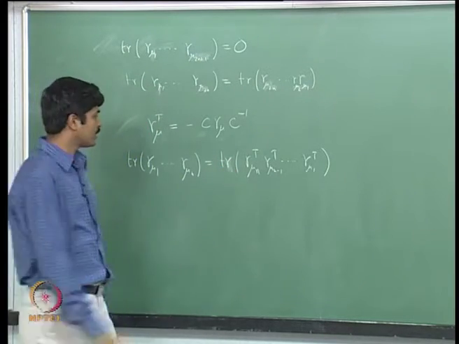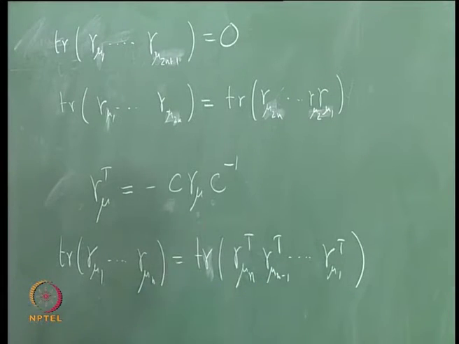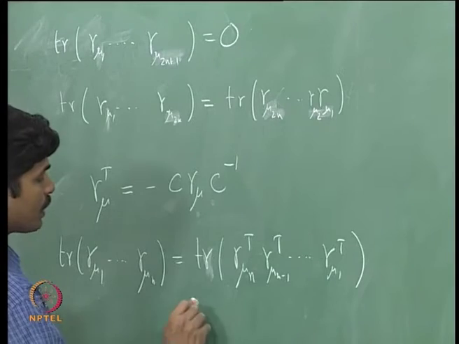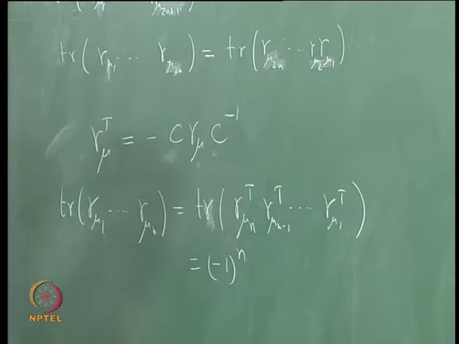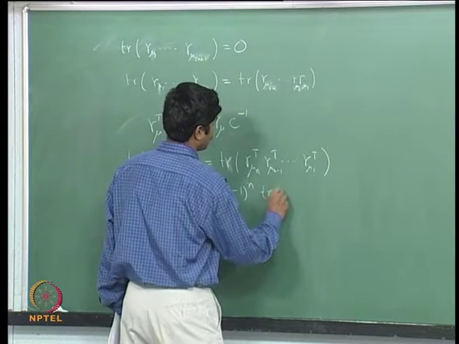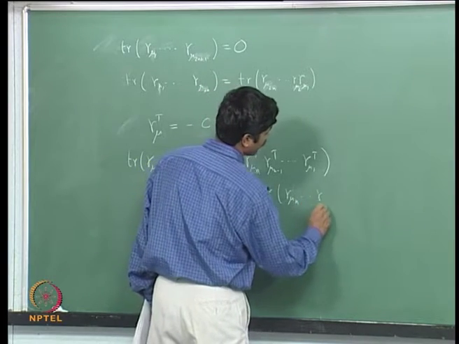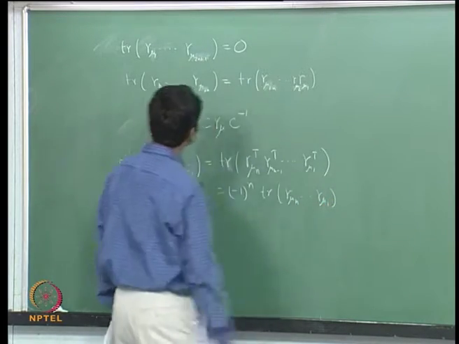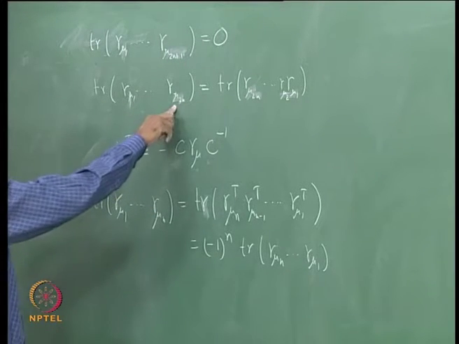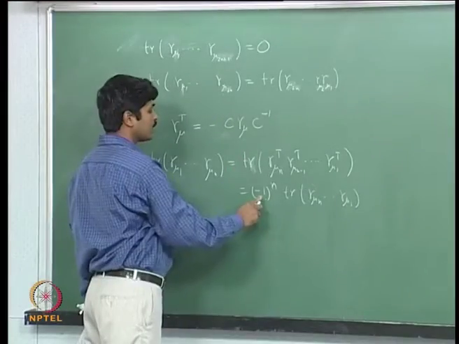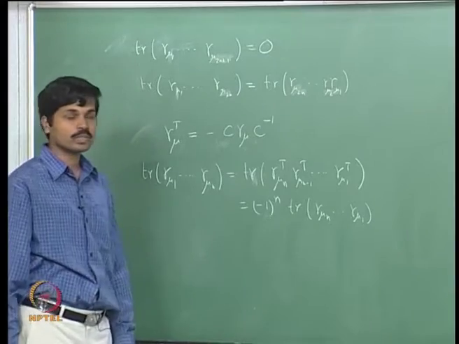Now, I will use again this relation, and then I will use the cyclic property of trace. Then this simply implies that this is equal to minus 1 to the power n trace of gamma mu n up to gamma mu 1. So, the second of these relations is proved, because if there are an even number of gamma matrices, then this will simply give you 1, and hence this identity holds.